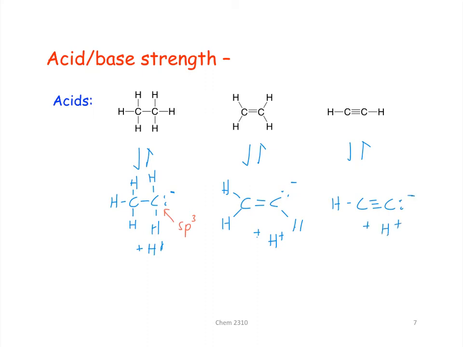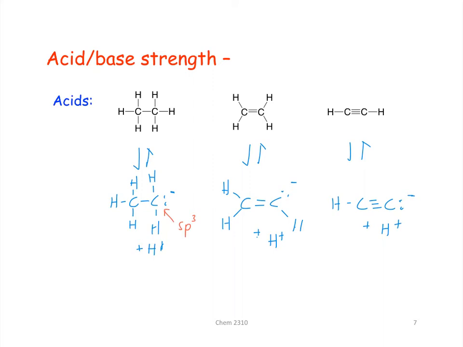So what is going to influence the acidities here? If we think back to some of the trends that we saw at the end of last chapter, what might influence the ability of these three compounds to give off a proton?